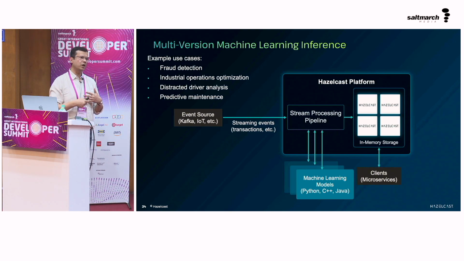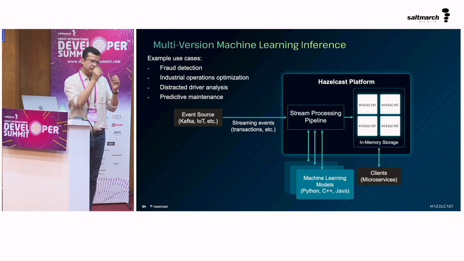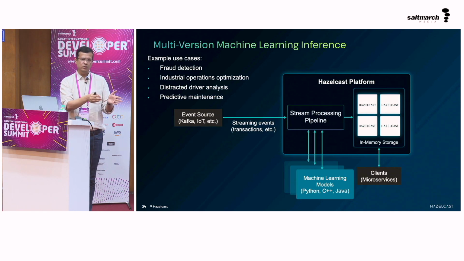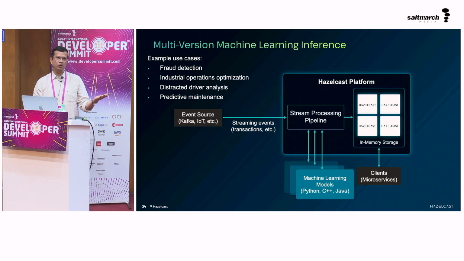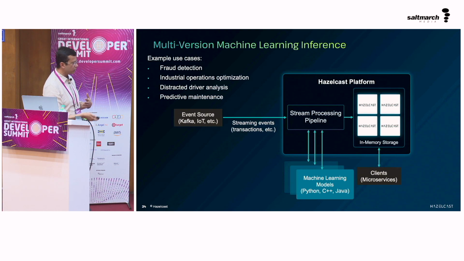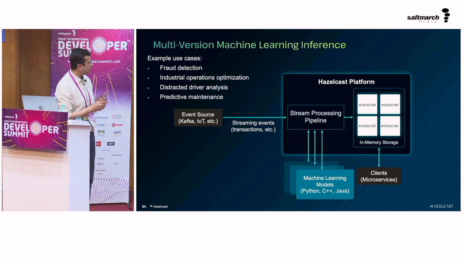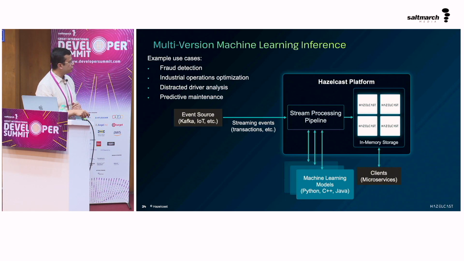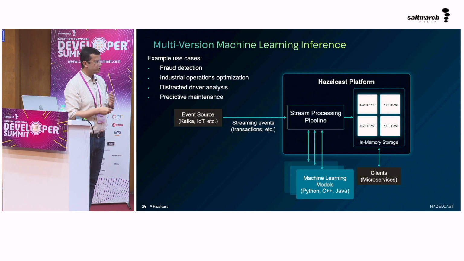For example, if you swipe a card while the customer is still at the point of sale, the data comes into Hazelcast, and the card network will execute 5 different ML models on Hazelcast, and then take a majority vote out of that to see if this is a fraudulent or a non-fraudulent transaction, right? So Hazelcast will do that, and of course use its in-memory storage and make it very fast.